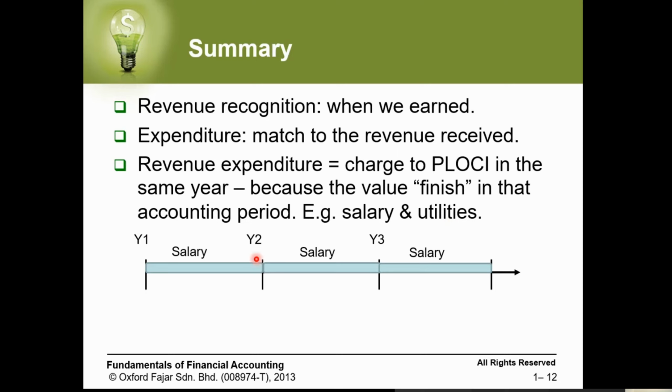The salaries relate to each financial period separately, because we pay salaries monthly or at most yearly. So once the salary is paid, it is used. Let's say we pay the salary at the end of January. We have already used the service of those people for the entire month, so we already paid for it.